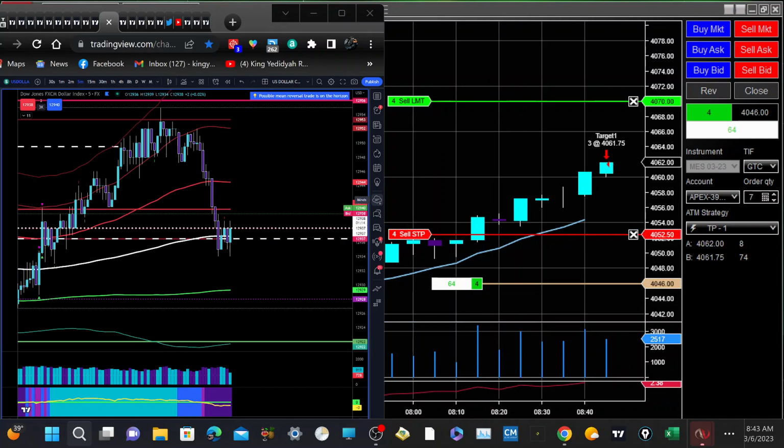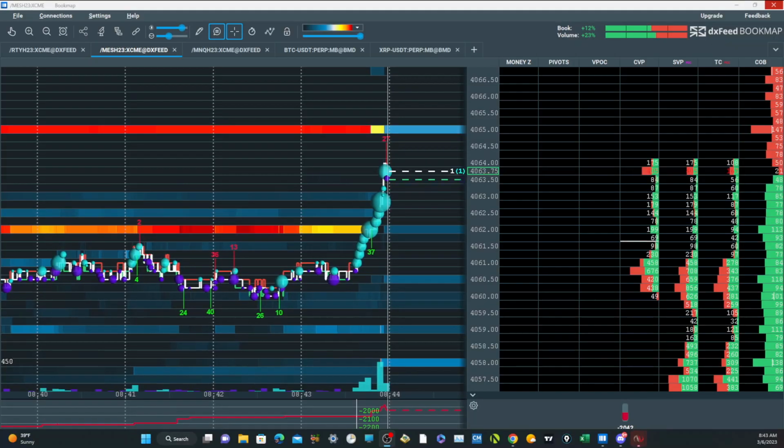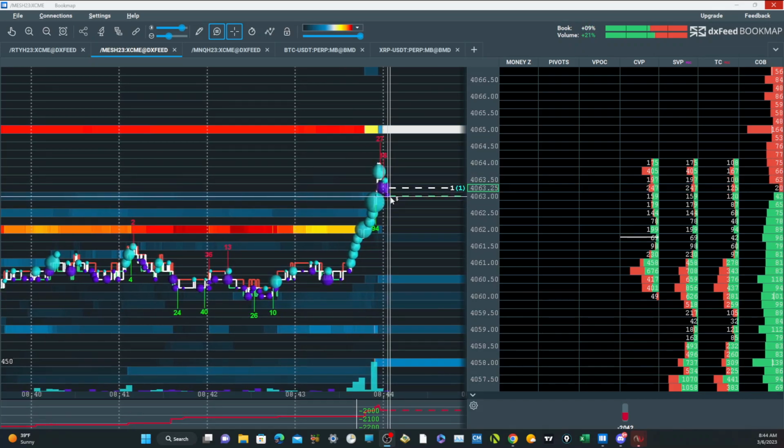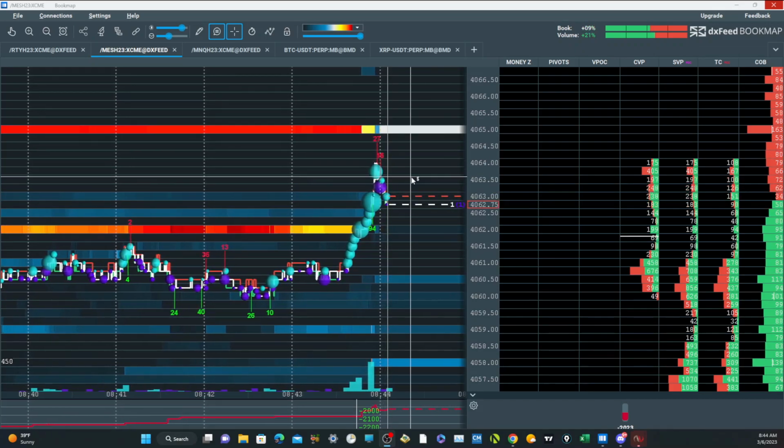Let me switch over to Bookmap so you can see the buying. You see a lot of blue bubbles coming in, heading straight up to 40.64.